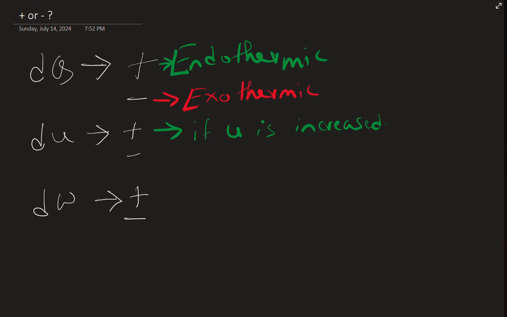And if u is decreased, then du will be negative. So if internal energy is increased in the process, du will be positive, and if it's written that the change of energy is 5 kilojoule, you'll write it as plus 5 kilojoule. And if internal energy is decreased in the process, then du will be negative, so you'll write it as minus 5 kilojoule.